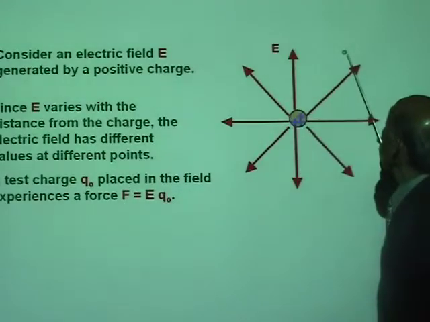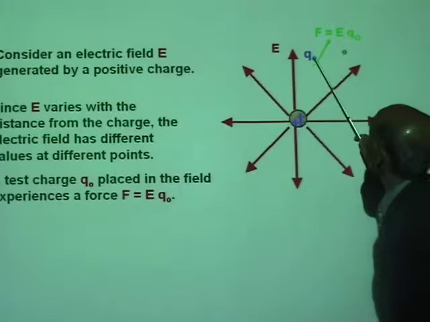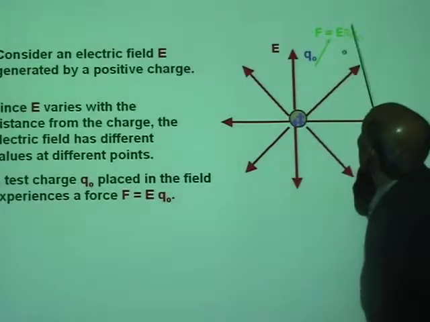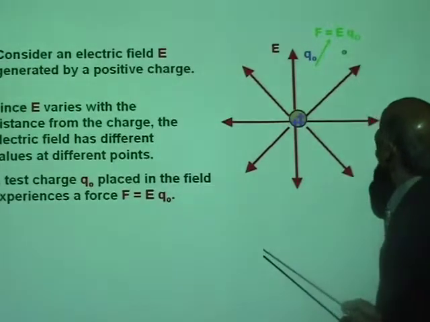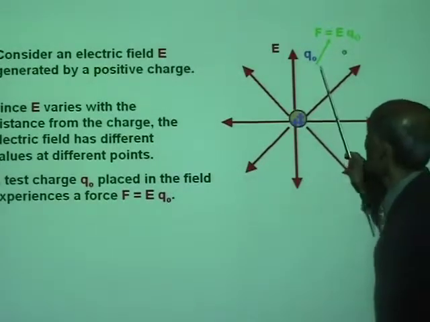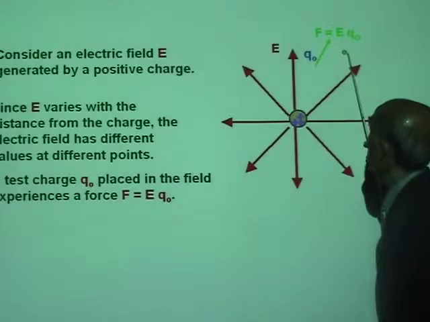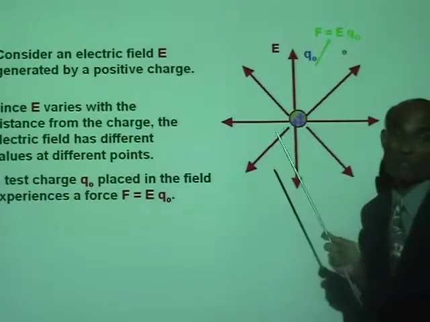So if I place a test charge Q0 there, the Q0 will experience the force given by F equal to EQ0. Well, this is where I have placed the test charge. Well, it went over there without my permission.